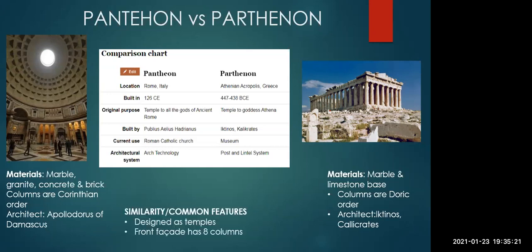The common features and similarity between the two is that it's designed as a temple, and both front facades have 8 columns. So in this slide, you need to remember the materials that are used for both temples, what the buildings are, the original purpose, the names of the architects, and the types of columns.